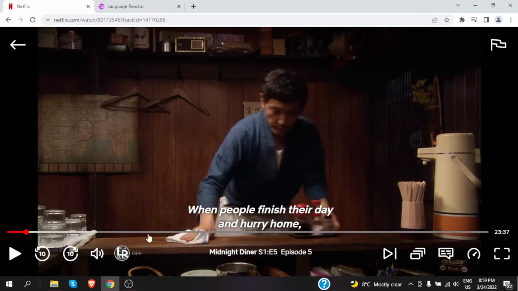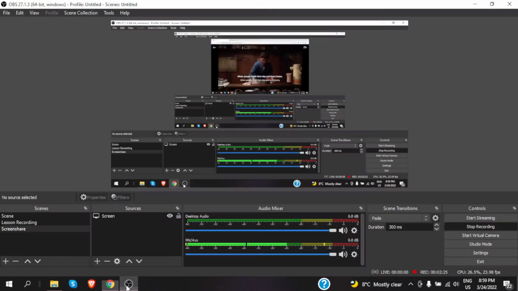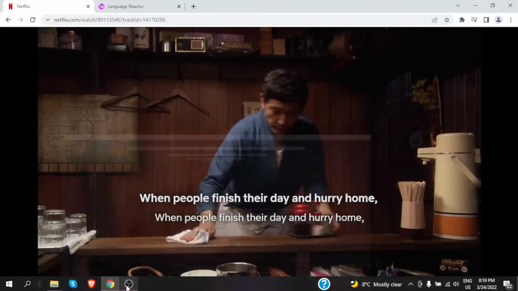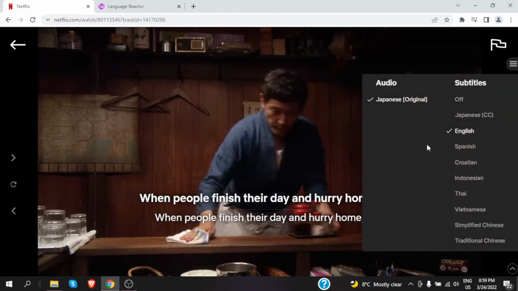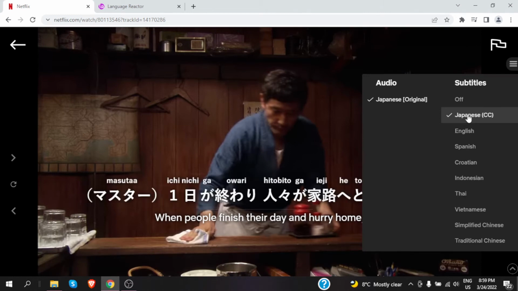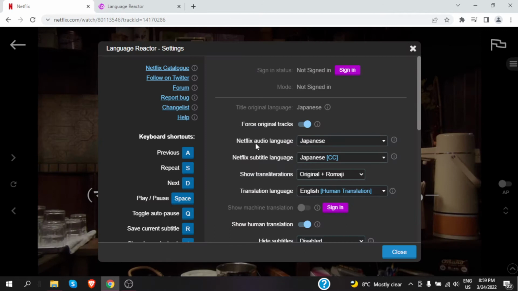But now when it comes to this Language Reactor tool, which is awesome, let me just check to see if I'm still recording. Cool. So what I do is I change the subtitles to Japanese, and then you can go here to settings. Over here you see Netflix audio language: I want to hear Japanese.